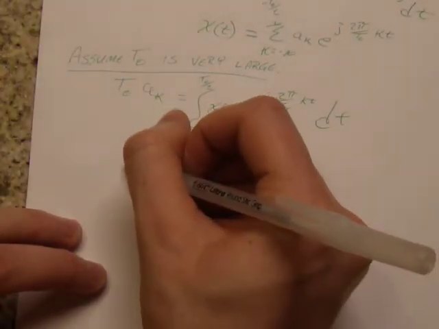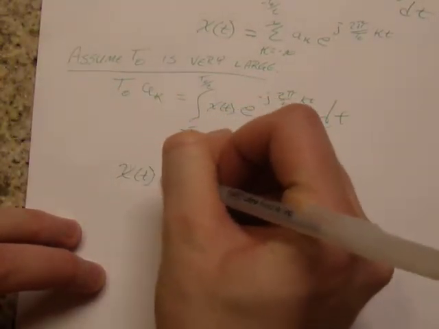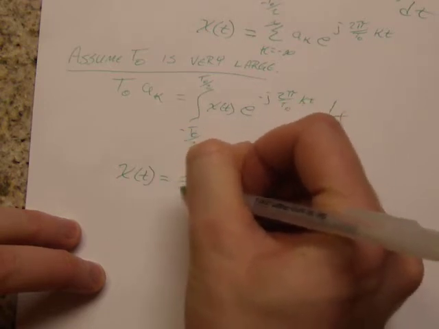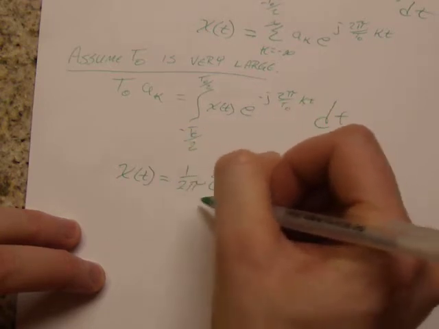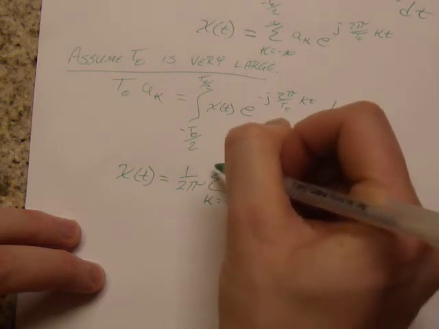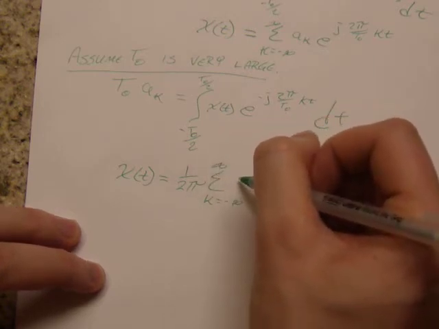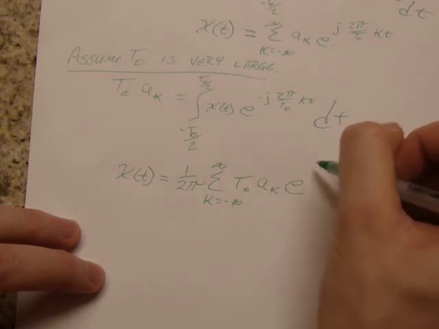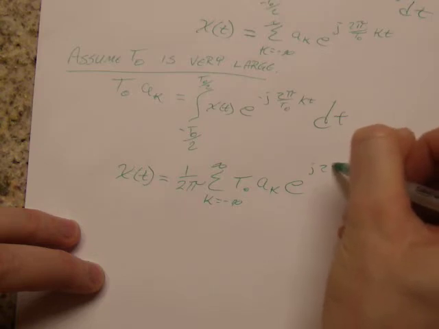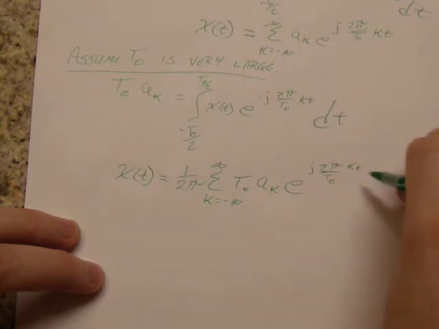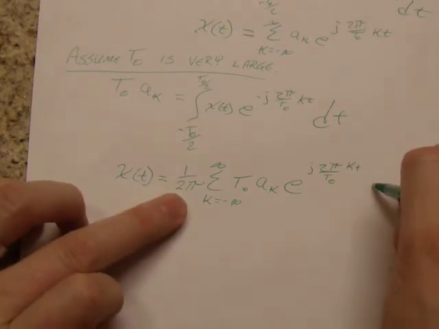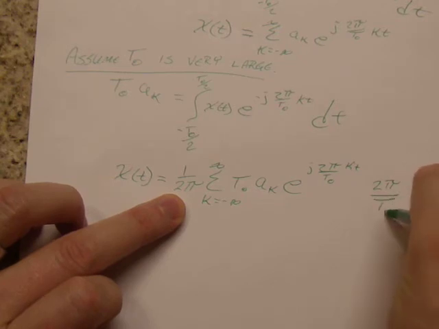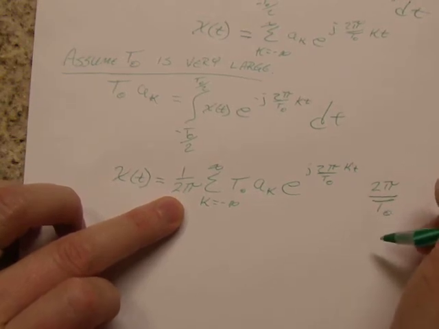So we're going to say x of t is equal to 1 over 2 pi times the summation from k equals negative infinity to infinity of t naught a of k e to the j 2 pi kt divided by t naught, and then we're going to reintroduce the 2 pi divided by t naught.